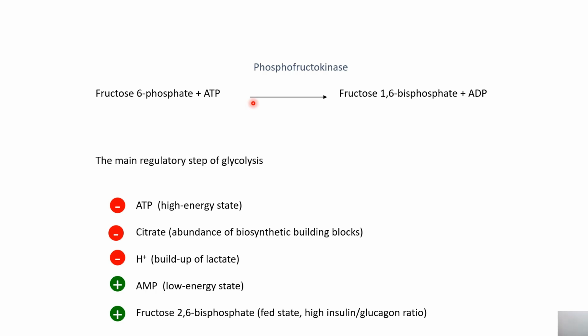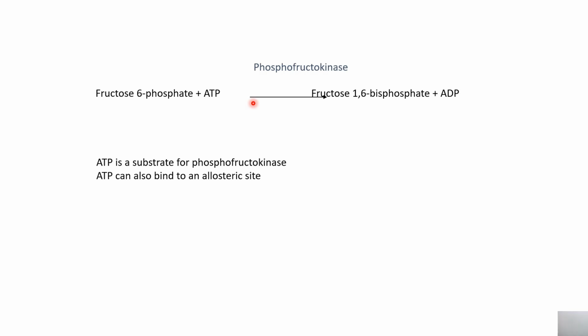However, AMP, which is a low energy state, and fructose 2,6-bisphosphate, which is a fed state, high insulin to glucagon ratio, will act as positive feedback. Now, ATP is a substrate for phosphofructokinase, and ATP can also bind to an allosteric site.